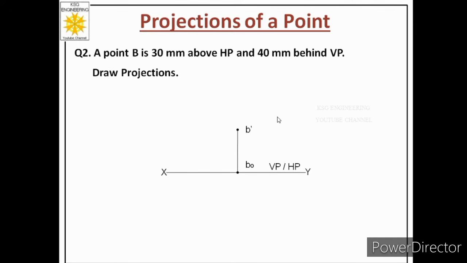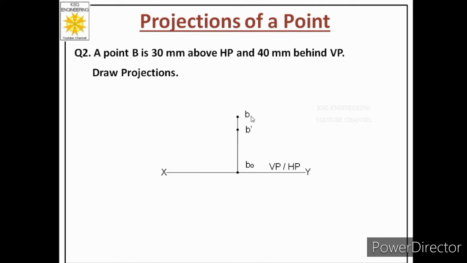So again we will align our scale with this vertical line and from this reference point we will measure 40 millimeters, and this line will be a continuous thin line and we call this a projector. And we'll make the end of this line bold to show the view of the point, and which view is this? This is the top view of the point, and we label the top view with a small letter only.